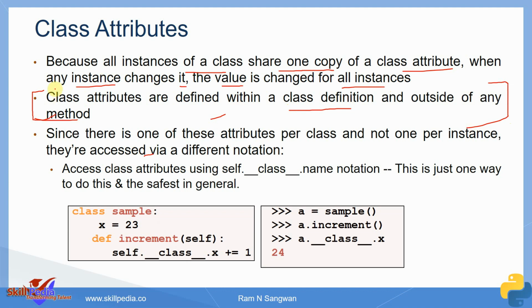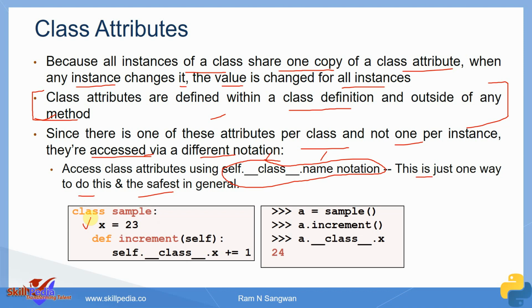Since there is one of these attributes per class and not one per instance, they are accessed via a different notation. The notation to access class attributes is self.__class__.name, so underscore underscore class is to be used and then the name. This is just one way to do it and the safest in general.